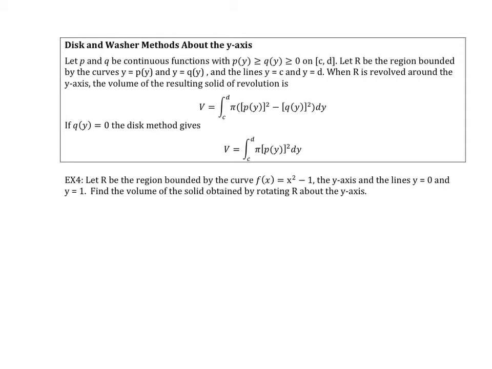In section 6.2, we looked at areas where we integrated with respect to x, and we also integrated with respect to y. We're going to do this with volumes as well. So this upper formula would be integrating using the washer method with respect to y, and the lower formula is integrating using the disk method, sorry, with respect to y.